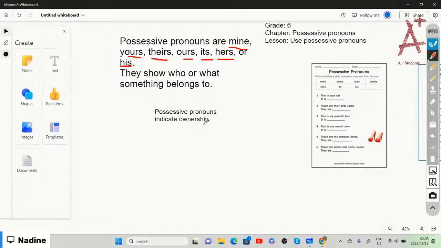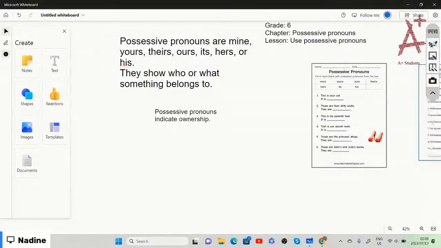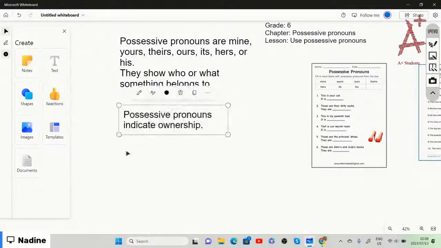Also, possessive pronouns indicate ownership, meaning it is mine or it is yours or it is theirs. So if something belongs to me or to you or them, then we basically have ownership of it. For example, a ball.